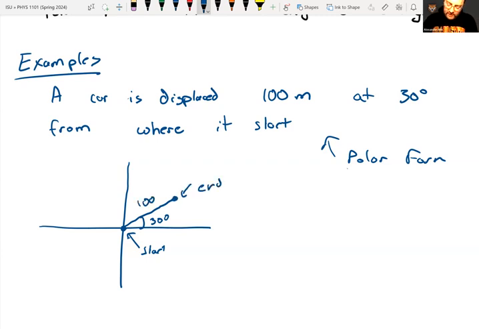And then this thing was 100 meters. That is basically what we're saying if we express this displacement in polar form.